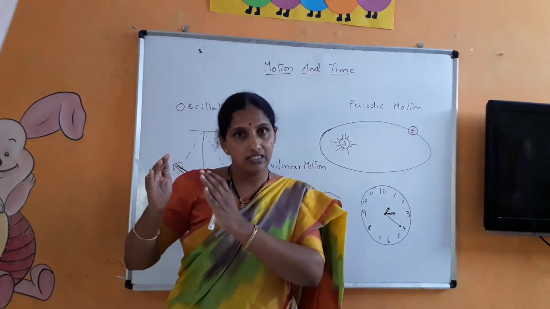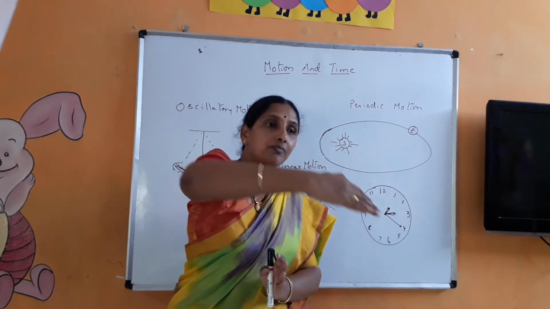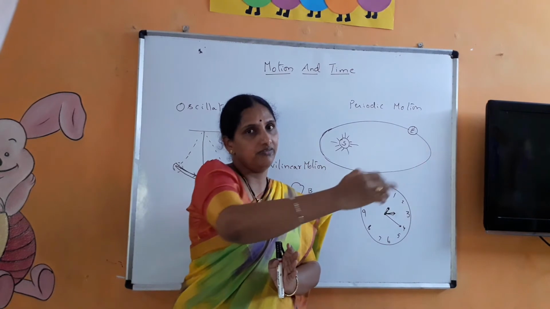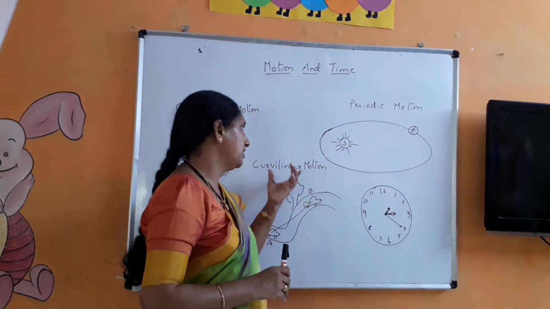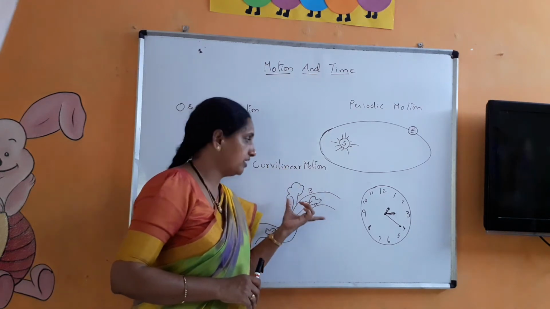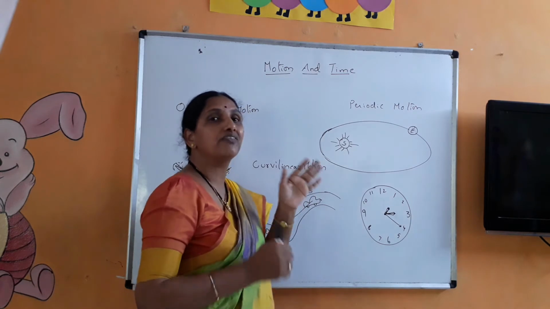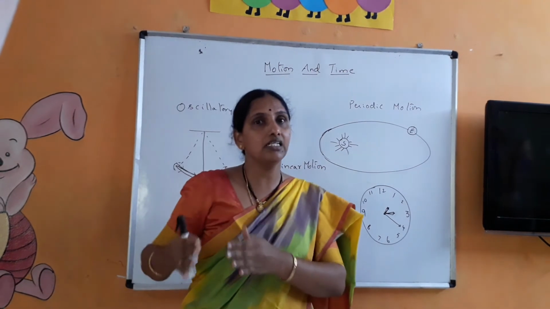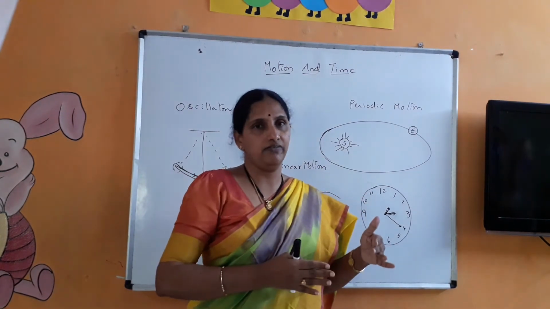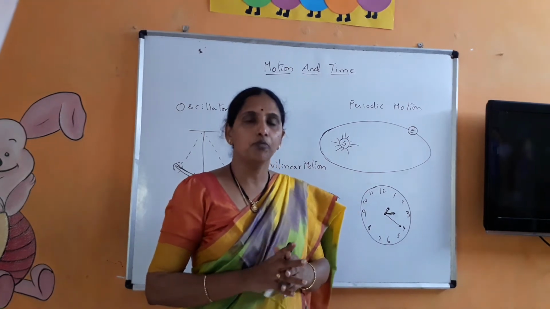If there is a change in the position of the body along a curved path, we call it curvilinear motion. So under translatory motion we have two types: linear motion and curvilinear motion. Both fall under translatory motion.